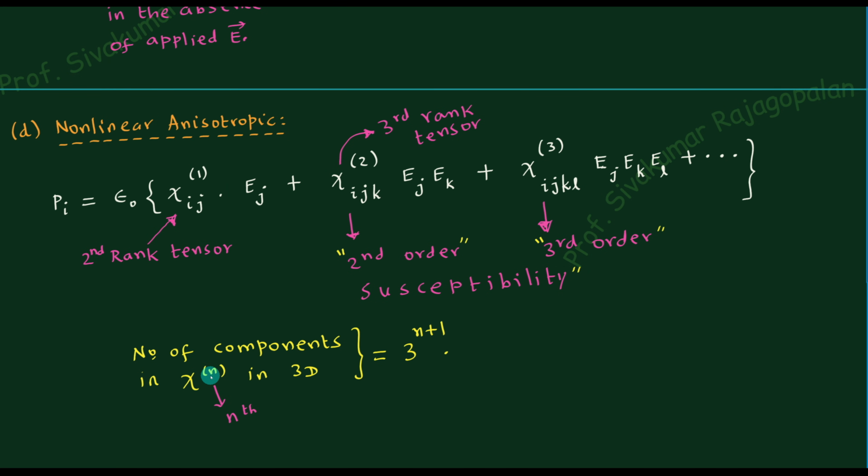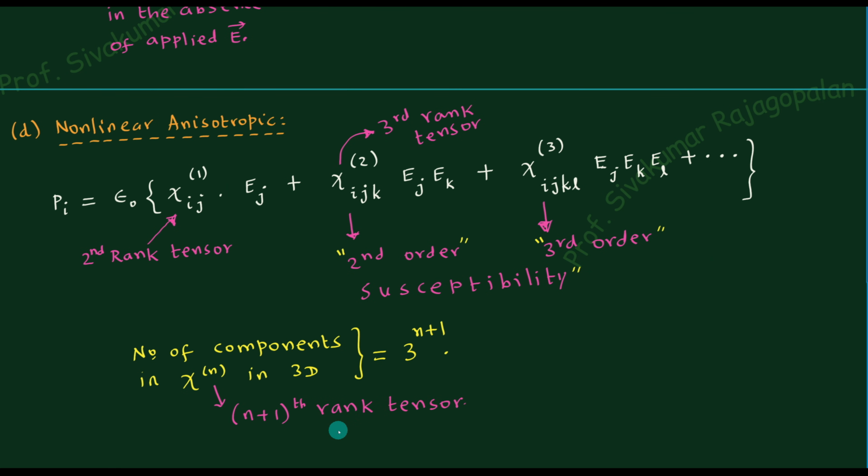That's the question. If you consider a first order susceptibility, its rank is second rank. Therefore, if this is 1, this is 2. If this is 2, this is 3. Isn't it? So order and rank, what is the connection? You see, 1 extra is coming. Therefore, I'm going to write down that nth order susceptibility means n+1 rank tensor.